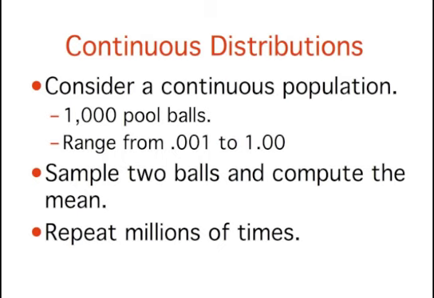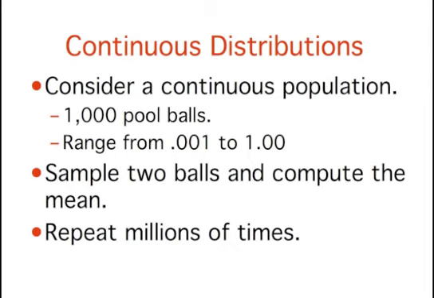Now it's time to move beyond our discrete set of 3 pool balls. Instead of using 3, let's use 1,000 pool balls with numbers ranging from 0.001 to 1.00 in equal steps. Though this is not actually continuous, it's close enough for practical purposes. As before, we're interested in the distribution of means that we would get if we sampled 2 balls and computed the means.